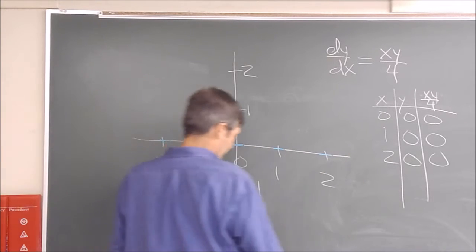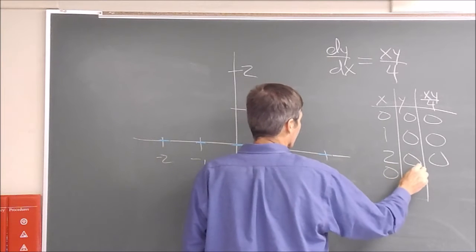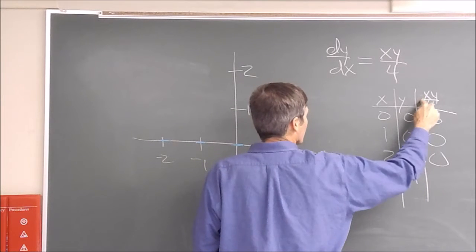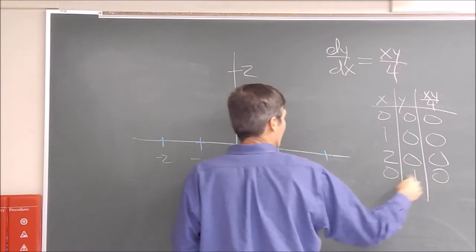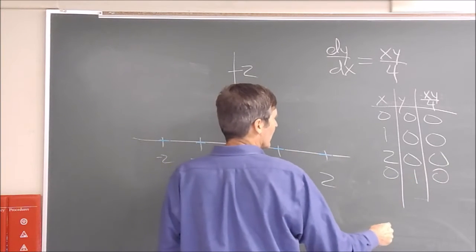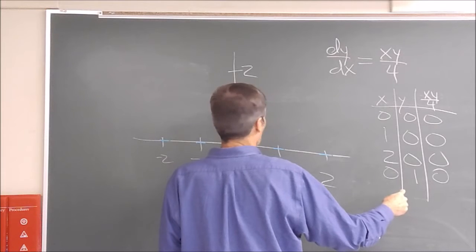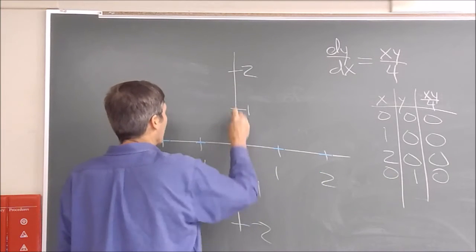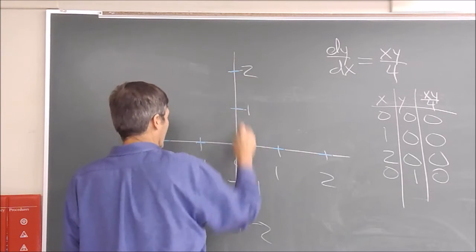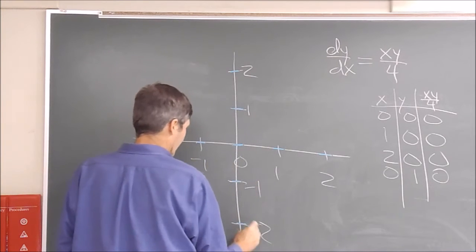And then also, if I put in some points where y is equal to 0, like 0, 1, well, 0 times 1 over 4 is 0. In fact, whenever either x or y is 0, we're going to get slope 0. So we draw in these little segments.